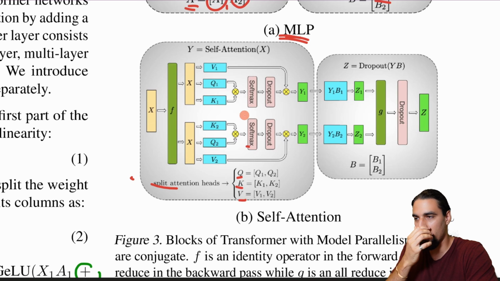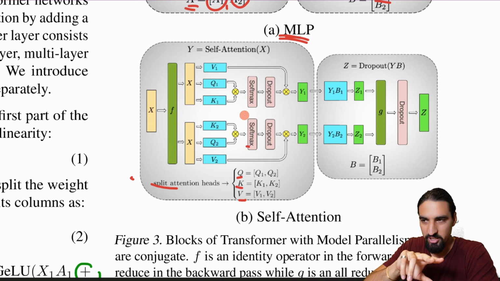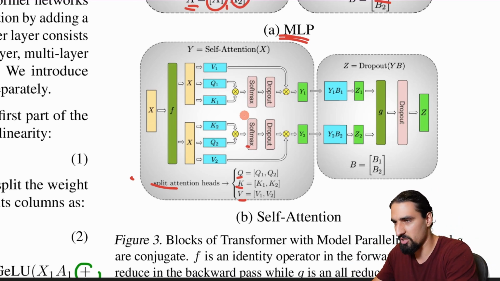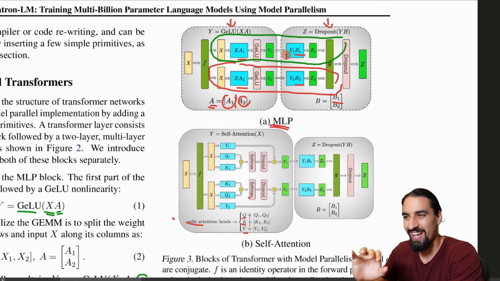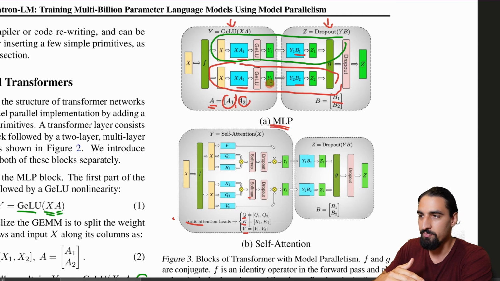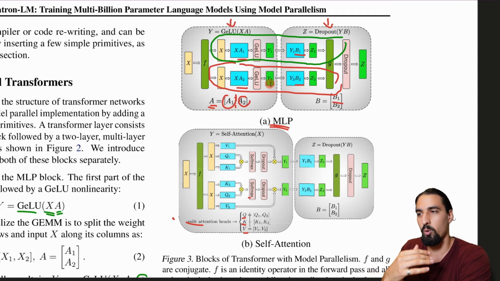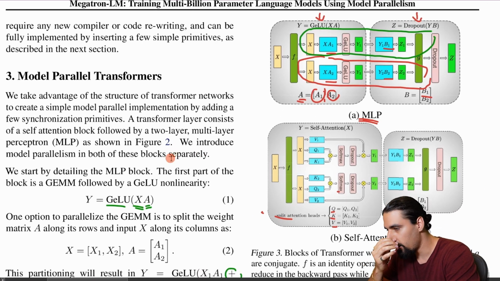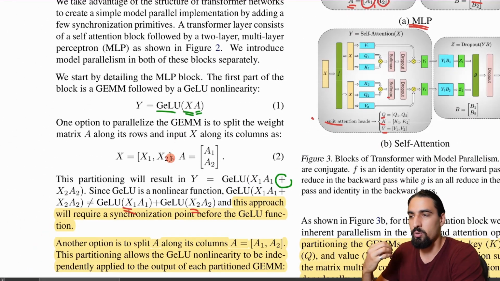Let's imagine for the sake of argument that we only have 2 heads. And by the way, let me quickly mention this. Even though we just had 2 here, the so-called two-way model parallelism, you can imagine splitting the weight matrices into many more parts. You can have 4-way or 8-way model parallelism, and you can convince yourself that you keep the equivalence.